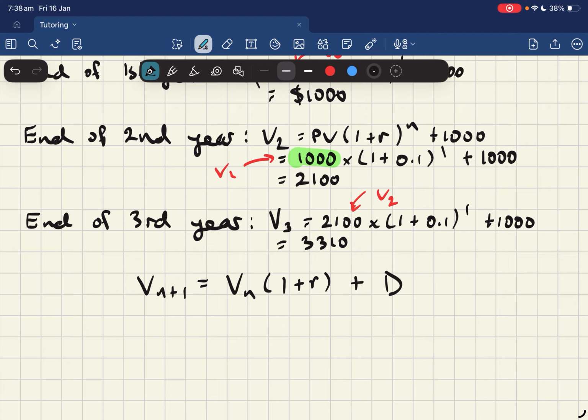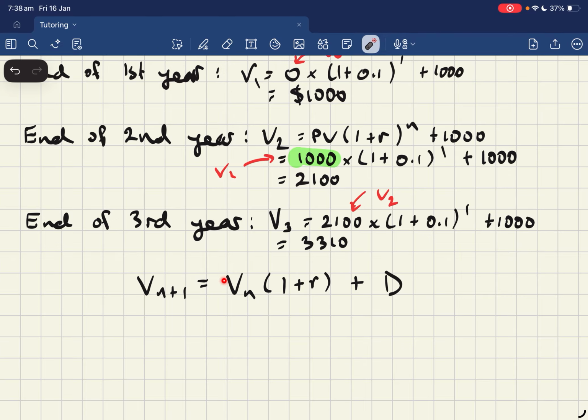And here we have something that models this progression of our investment. We're taking our previous year's amount, the value from that year, multiplying it by 1 plus the rate, that's your interest, then adding your extra amount that you've put in. Remember, what makes an annuity is that we're adding an extra bit at the end.